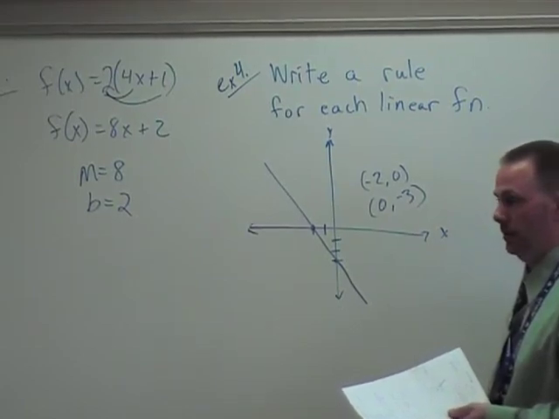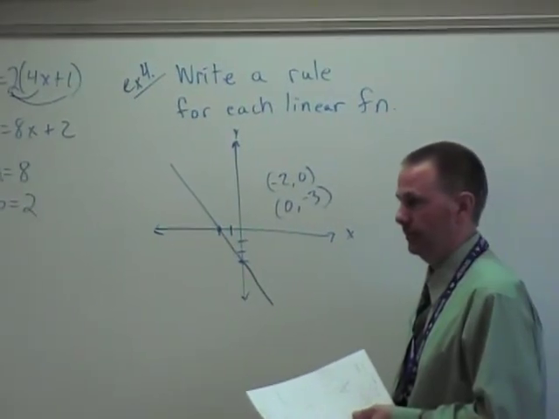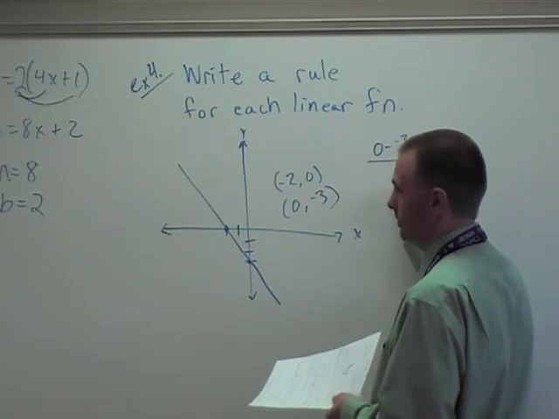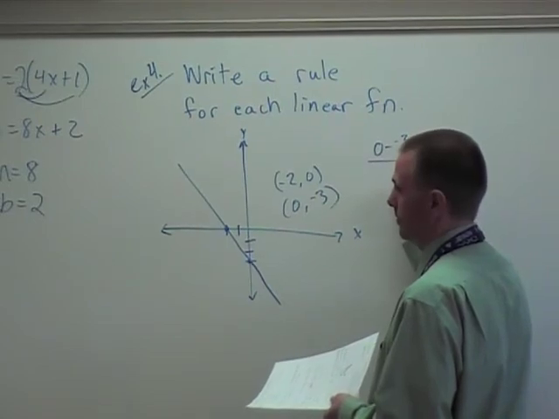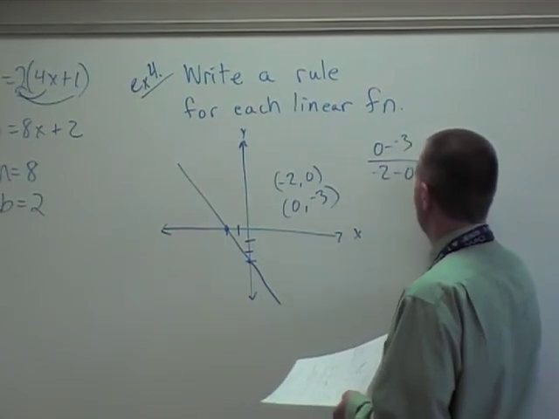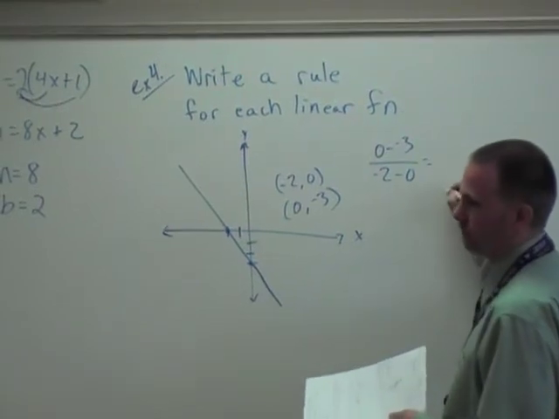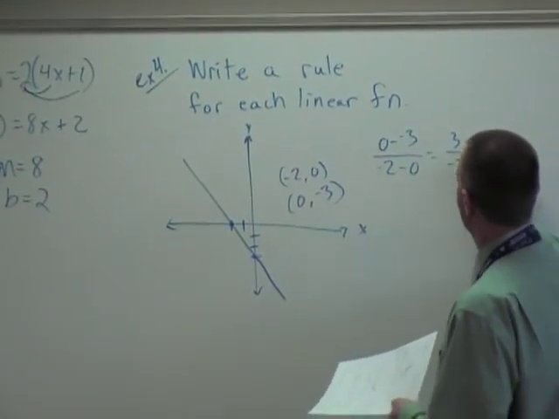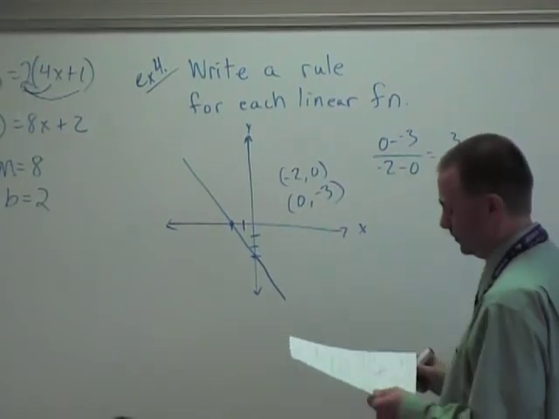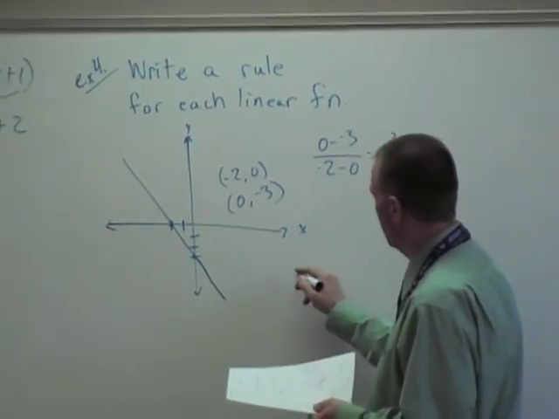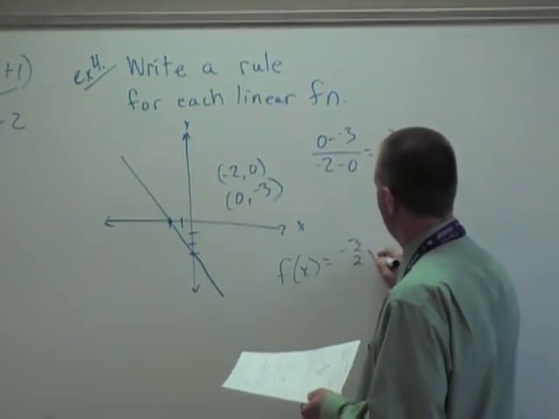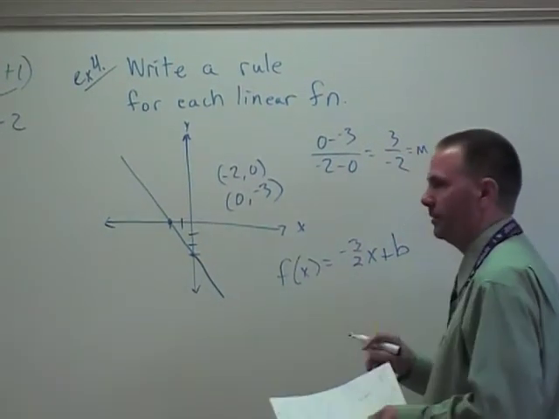So it'll be 0 minus -3, over -2 minus 0. And you get -3/2. So that equals your m. Alright, so far we have f of x equals -3/2 x plus b.